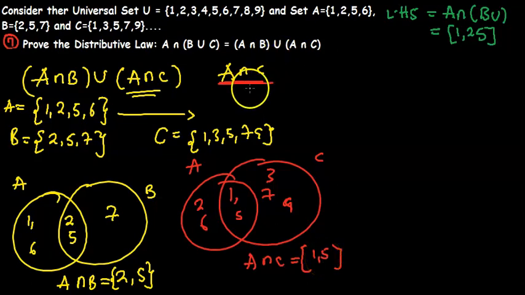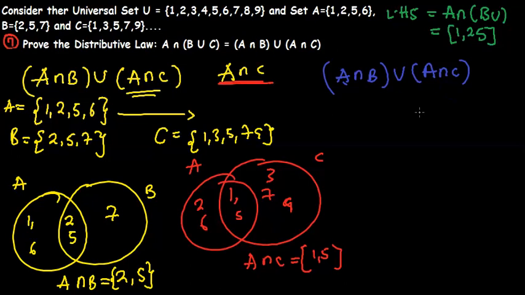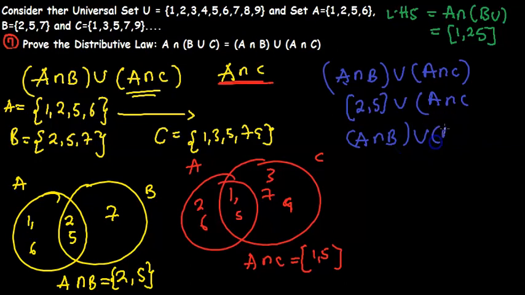Remember, the problem says we should find A intersection B union A intersection C. Therefore, A intersection B is 2 and 5, and the next thing we need to find is the union with A intersection C. So we can conclude A intersection B union A intersection C, where A intersection B is simply 2 and 5, union A intersection C. Let's use this diagram.